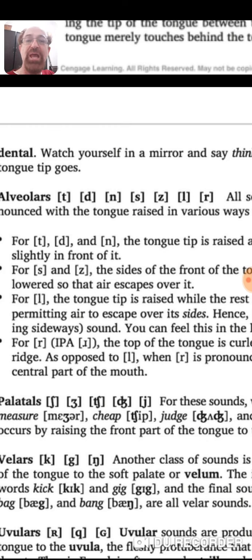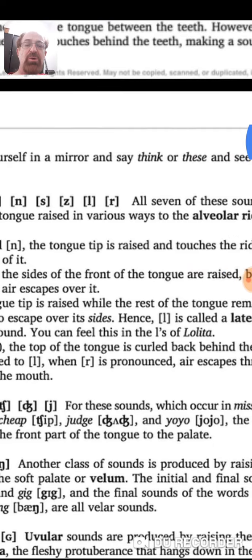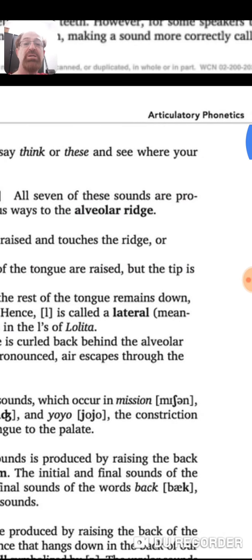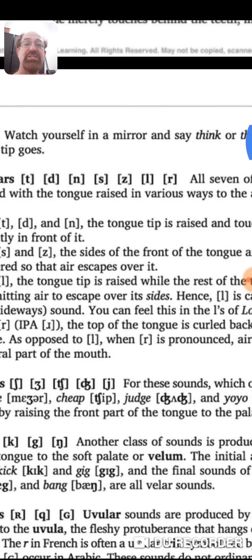Remember, in English, well, forget about Fusha, forget about Arabic, forget about Farsi, forget about all languages. Okay? Well, what do you say? You say according to the way I say. The tip of the tongue is raised while the rest of the tongue remains down. Okay? Permitting air to escape over the sides, the two sides.